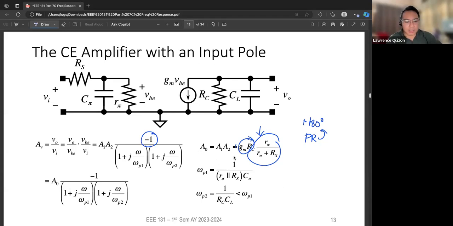The things that are new are the contribution of the output capacitance, which is a pole 1 over RCCL, and the contribution of the input capacitance, which is a pole at Rπ parallel RS times Cπ. So this is basically the analytical solution for the CE amplifier with the bypass cap at the input and the output.